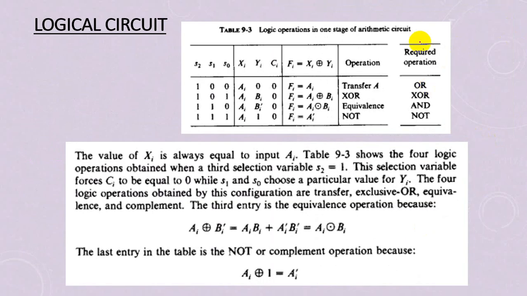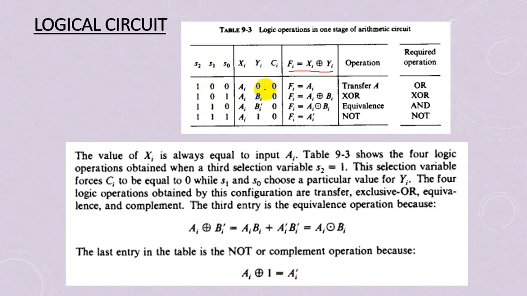This is our hardware equation. Now, for logic operation, the mode select S2 must be 1. Clear? Mode select S2 is 1. Now we have two selection pins S0 and S1. When they are 0, 0, if we use the hardware, okay.